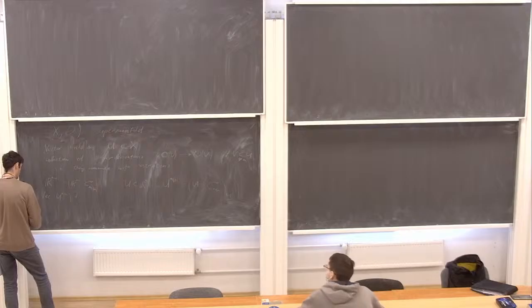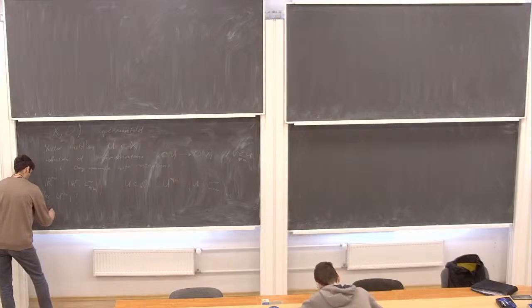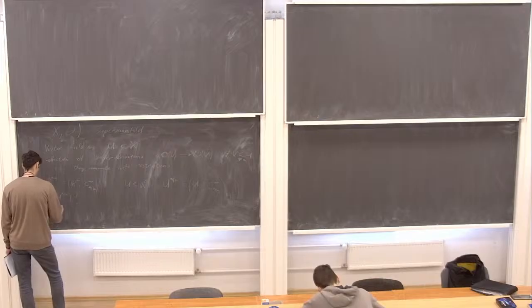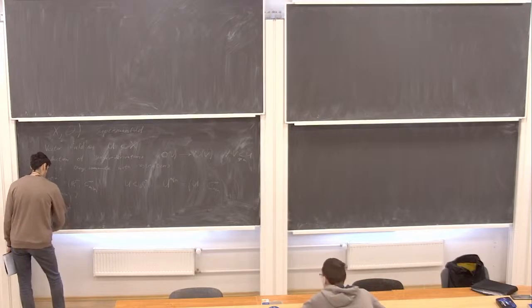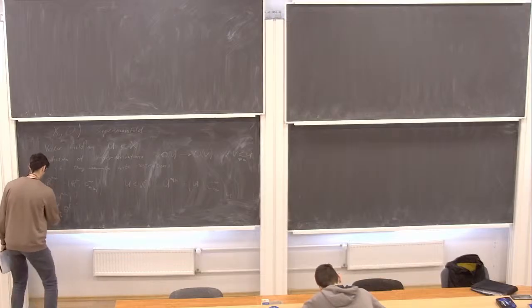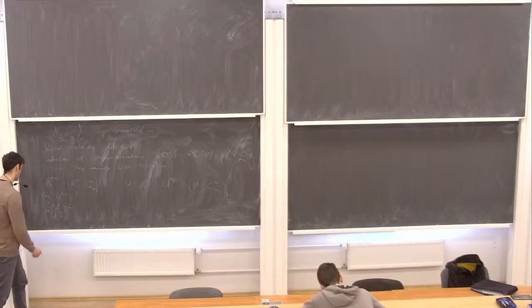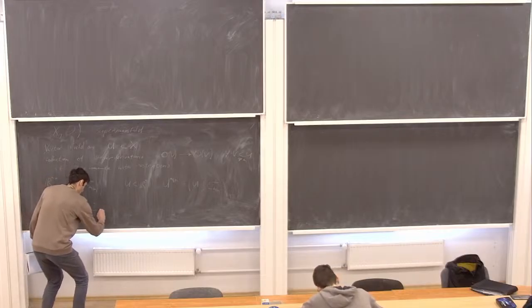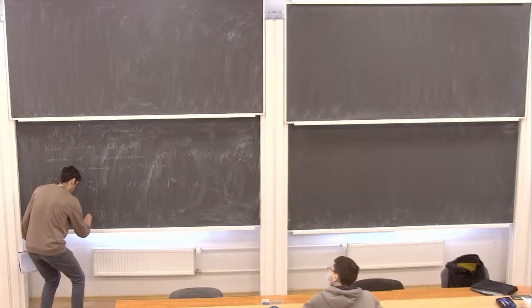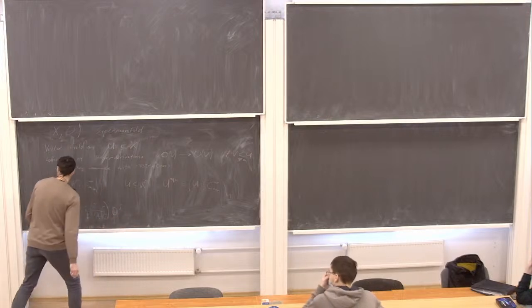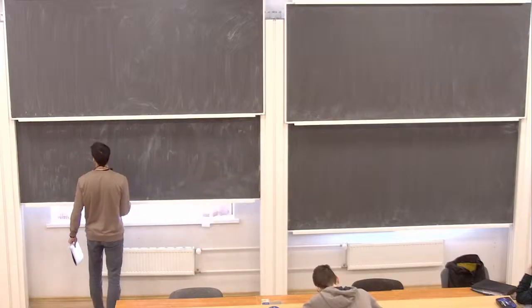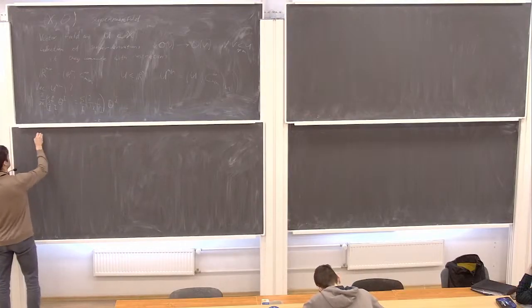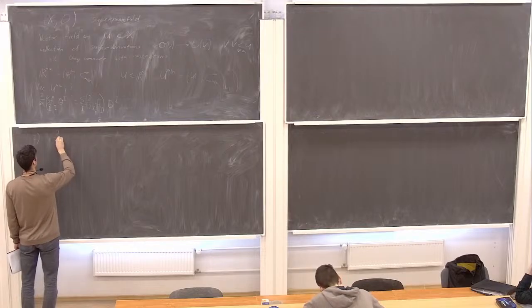We have just the usual derivation d over dx_i, which takes the sum over I of f_I theta^I and just differentiates each coefficient. So this will be the sum over I of d over dx_i of f_I times theta^I. And we also have derivations with respect to the thetas, which are also so-called left derivations, and they are defined as follows.